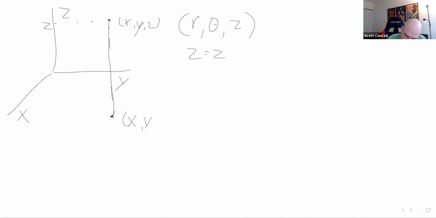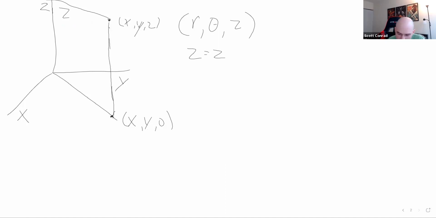So take z to 0, keep x and y the same. Okay, so z is the same.